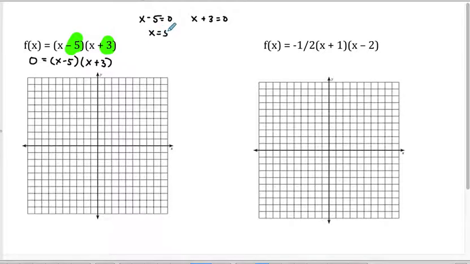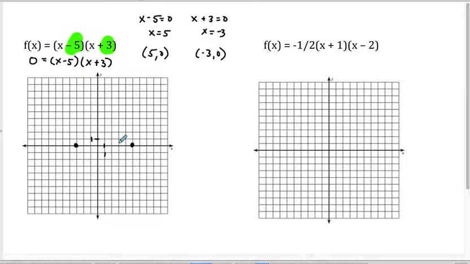So I'll have a root at x = 5 and a root at x = -3. My 2 points are (5, 0) and (-3, 0). I can graph those on my graph, counting by ones.